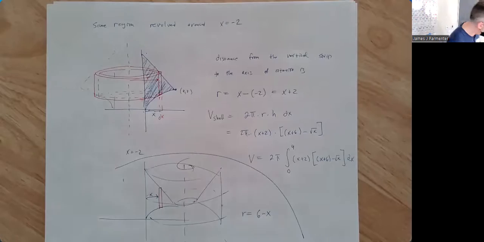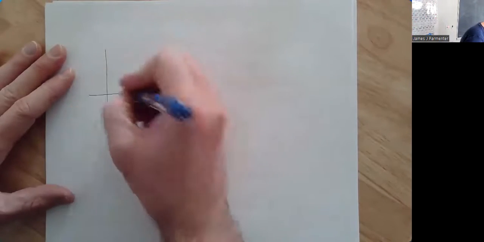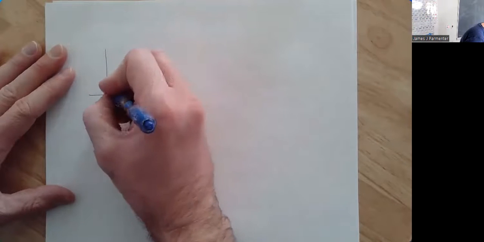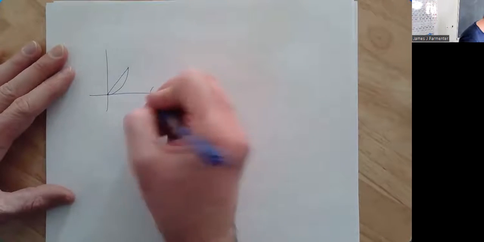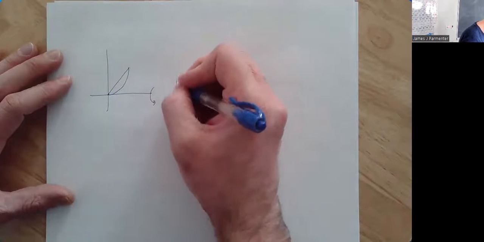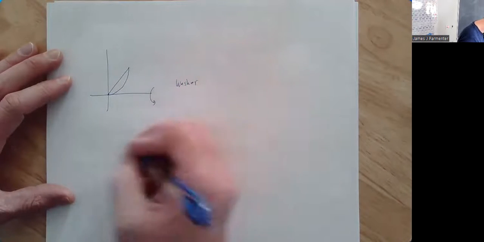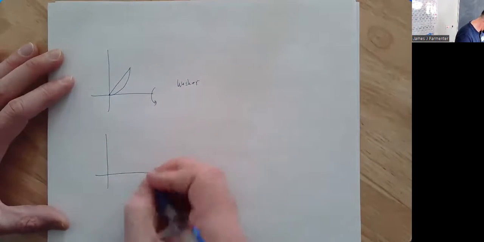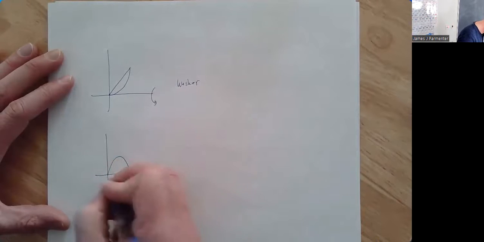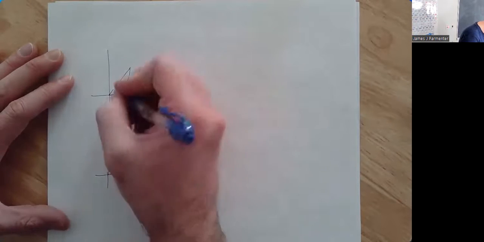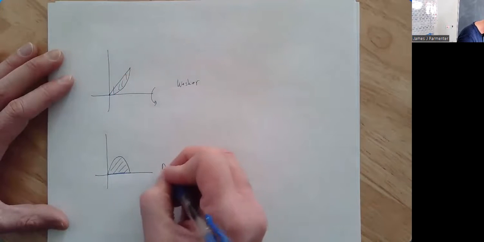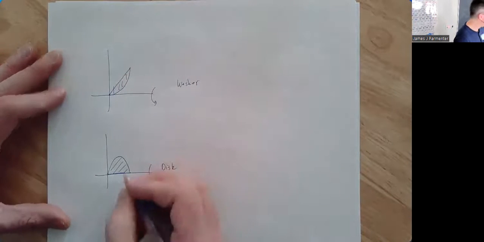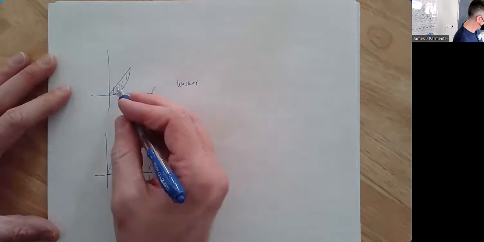So disc and washer, the difference is this sort of region around either axis, but specifically on the x-axis, you have to use washer. Whereas this sort of region around the x-axis, you can use disc, because this is flush with the axis of rotation and this is not.